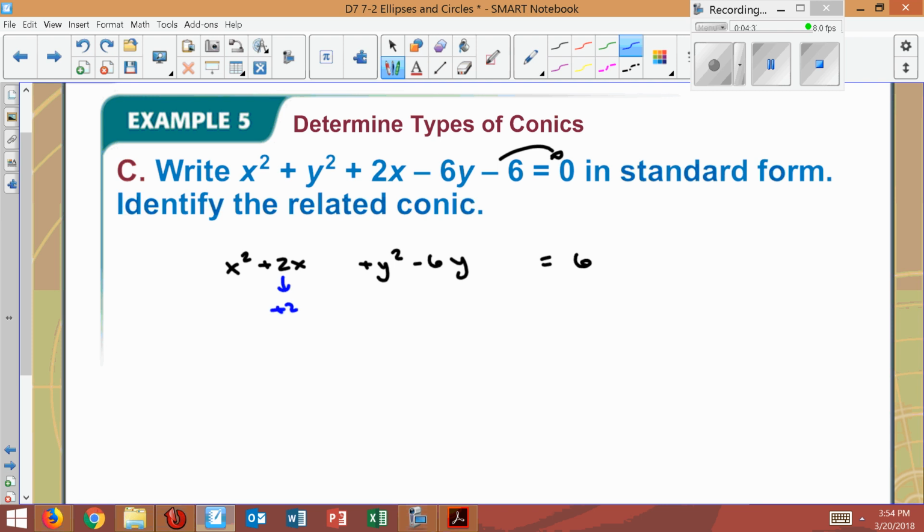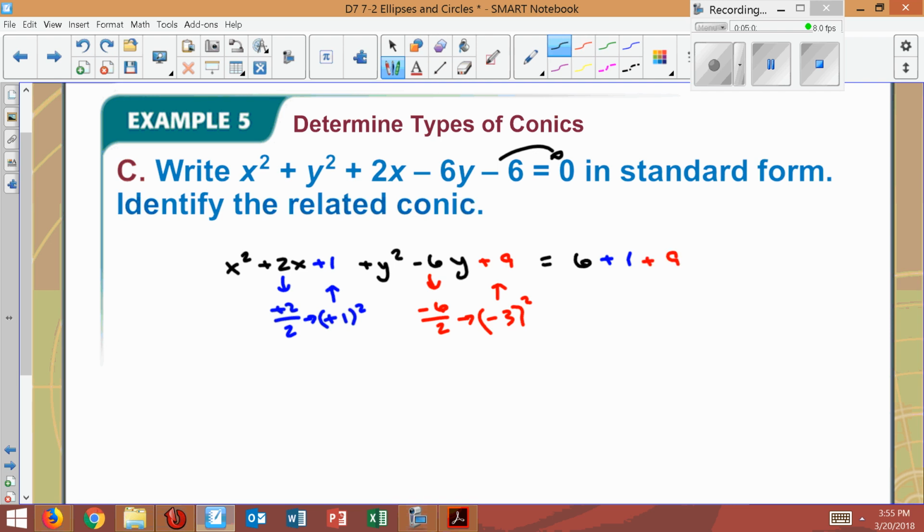So positive 2 divided by 2 is positive 1. You square that value, which gives us plus 1. So I need to add 1 to this side as well. Then I come over here, I do the same thing. Negative 6, I divide that by 2, which gives me negative 3. I square that, which gives me negative times negative is positive 9. So we'll have a positive 9 there.